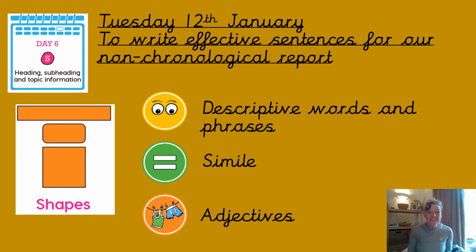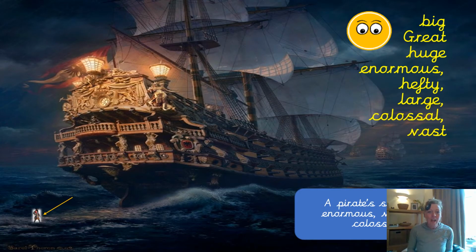So let's get on. The shape of the text, oh, I've lost my shape. Shape of the text, we are focusing today on our first subheading and paragraph. So our first subheading is actually going to be about pirate ships. Think about the heading that you want to have, the subheading you want for this one.